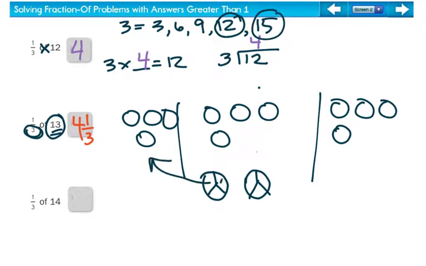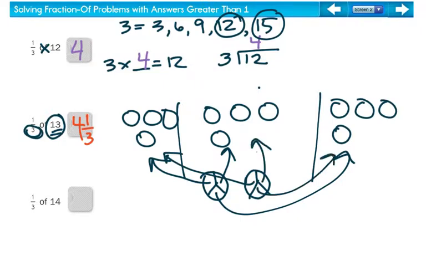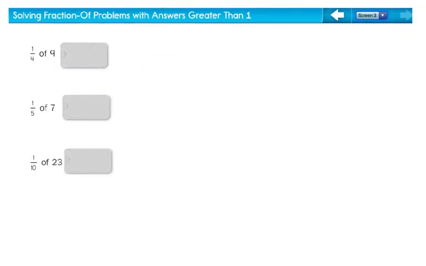So a third goes here, a third goes here, a third goes here, a third goes here, a third goes here, and a third goes here. So if I have 14, it would still be 4 wholes plus 2/3 to each of those groups. So sometimes it's not always an even whole number.